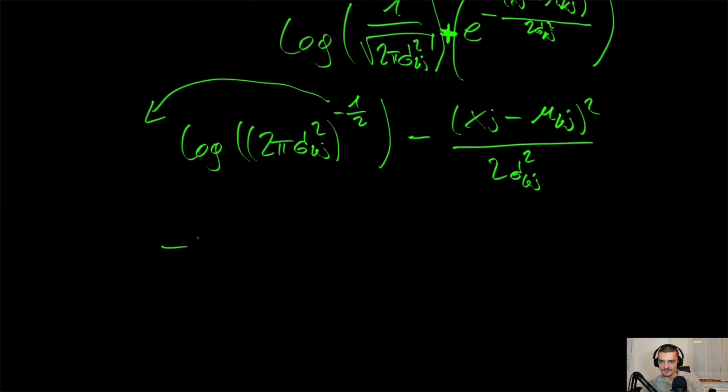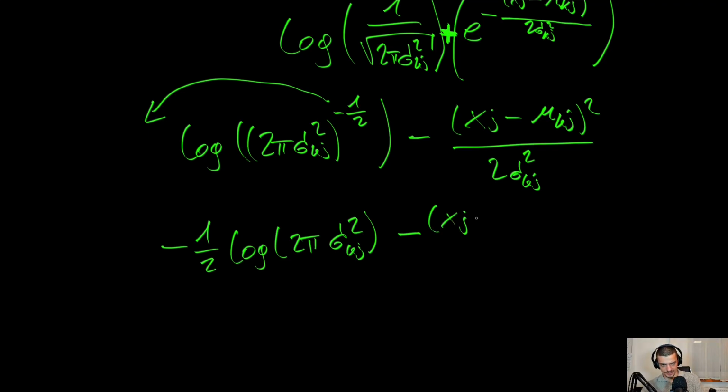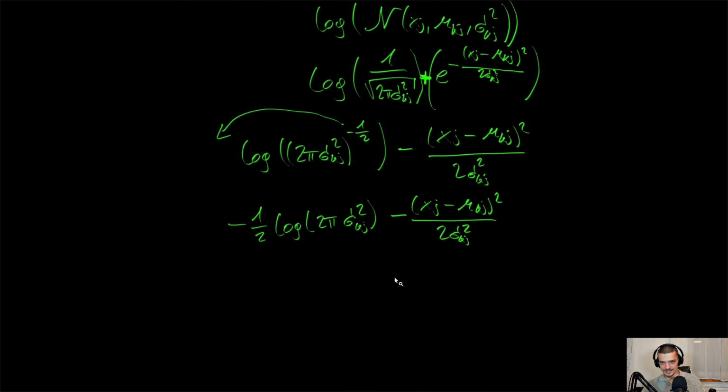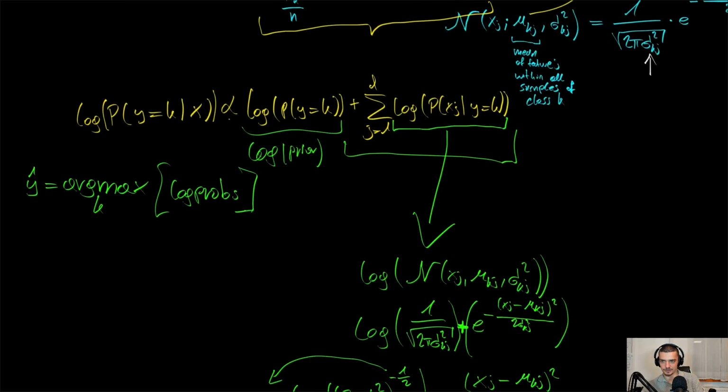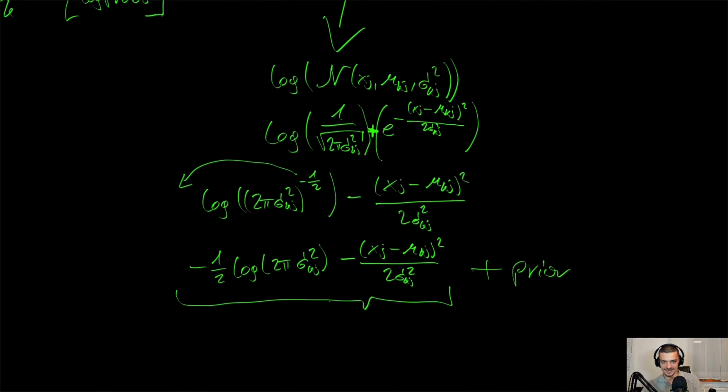So what we have here is negative 1 over 2 times logarithm of 2 pi variance for kj minus, and then basically that's also 1 over 2, but we can just keep it like this. So xj minus mean kj squared divided by 2 times the variance. That is the final thing. This entire thing here plus the prior, that is what we're looking for. This is what we're trying to maximize by choosing the correct k.